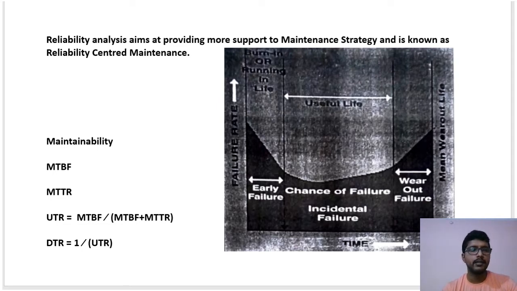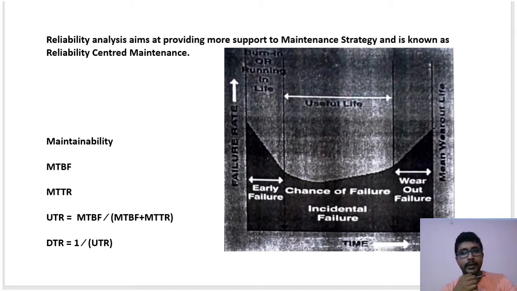So we have certain simple parameters, maintainability. Maintainability is the probability of having a certain downtime within a certain period of operating observation.